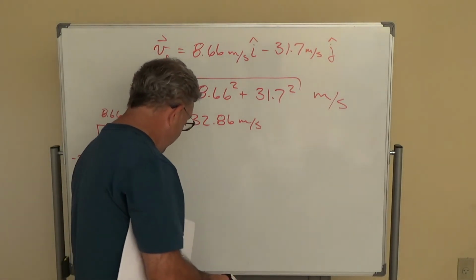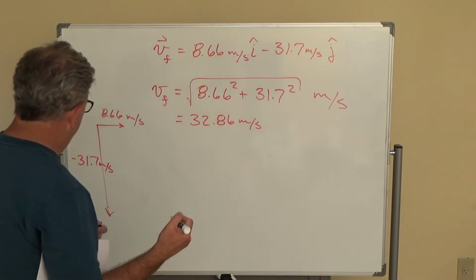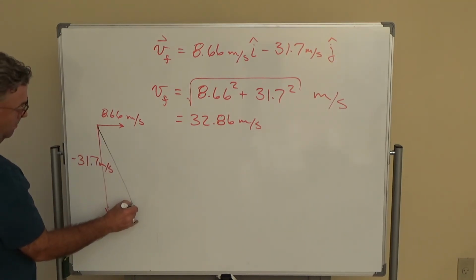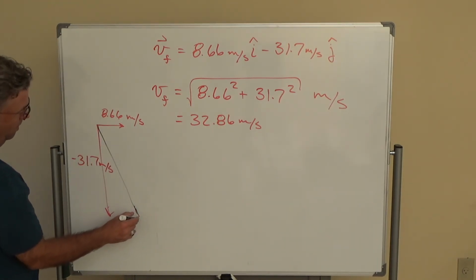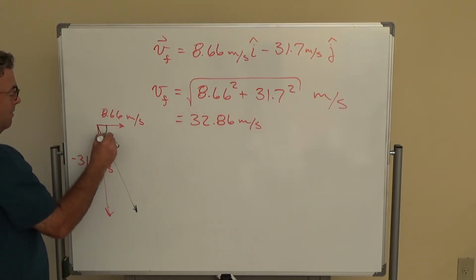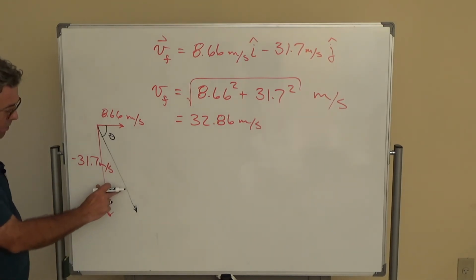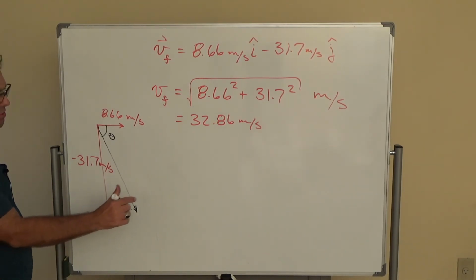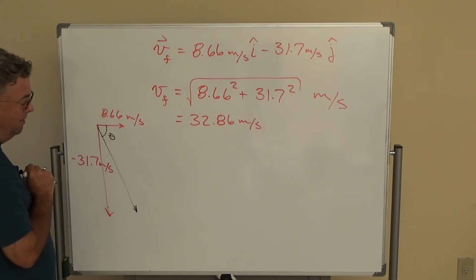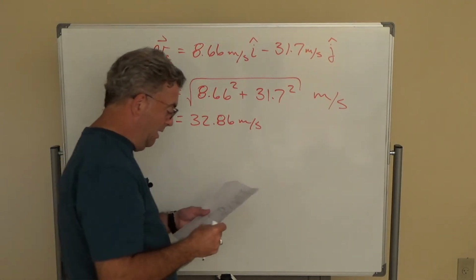You do it your way. I'm going to find the angle below the horizontal. So it's something like this. I'm going to find this angle, theta. Okay, that's the resultant. That's 32.86 meters per second. And I'm going to find this angle.